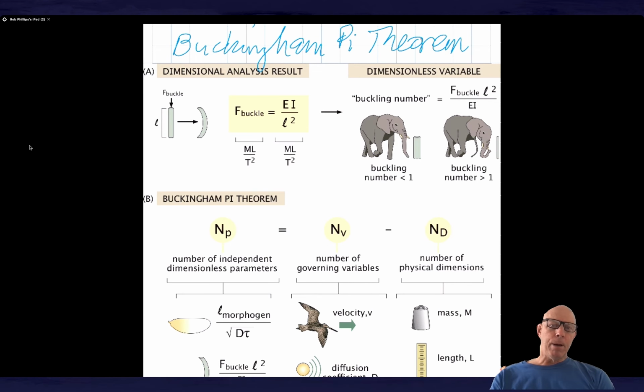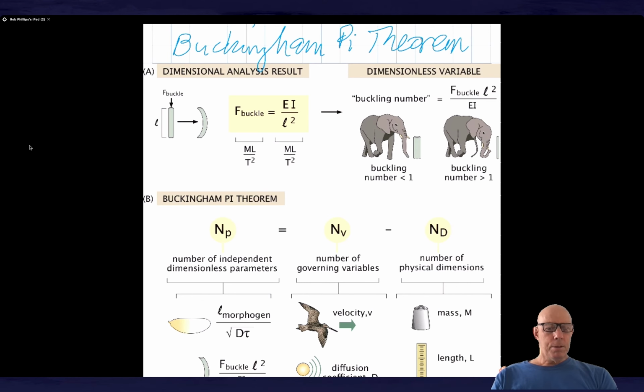And the buckling force goes like the Young's modulus, which is E, the areal moment of inertia, which is a geometric quantity that tells you something about the radius of the beam, and then 1 over L squared. So that's the buckling force. And there's a critical buckling force. It's a number that describes a given material, and the dimensionless variable, as you can see on the right-hand side, is what you might call the buckling number.